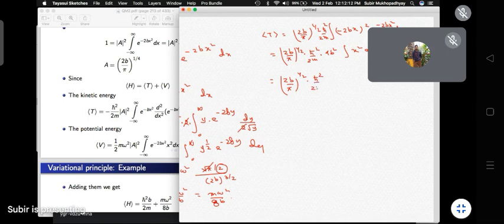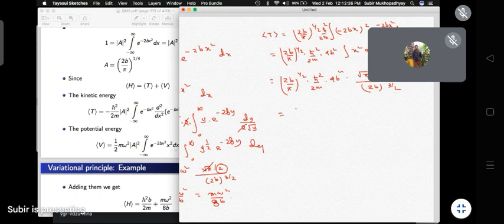H bar square by 2m, 4b square, and this is root pi by 2 by 2b to the power 3 by 2, same. We got an additional 2 here, that 2 gets cancelled out, so that's the expression. Now we can cancel this 2 pi, let's see.